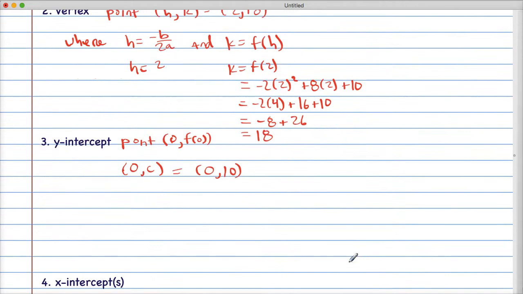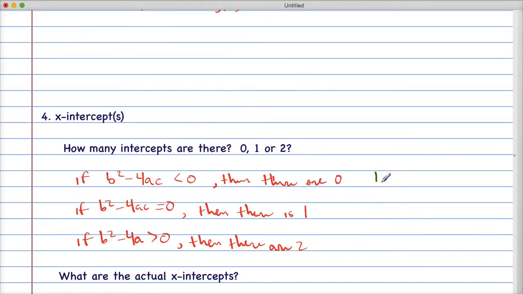So b squared minus 4ac: b squared is 8 squared, minus 4 times -2 times 10. So 8 squared is 64, minus 4 times -2 is -8, times 10.